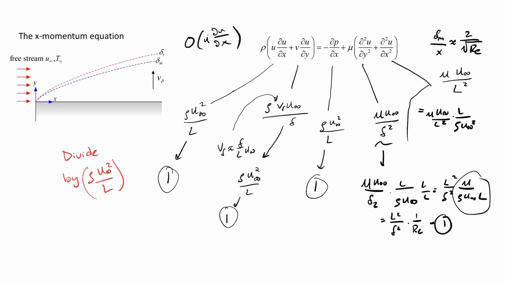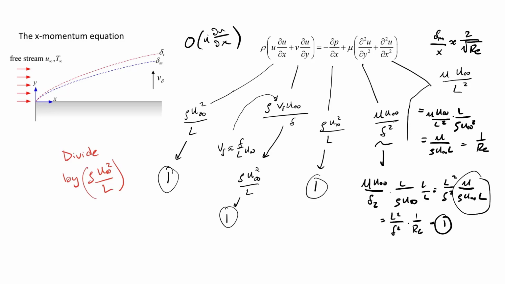So that's our division there. If you take this one more step, that is mu over rho u infinity L, right? Well, that's just the 1 over the Reynolds number. Okay, so 1 over the Reynolds number for most situations is going to be small.